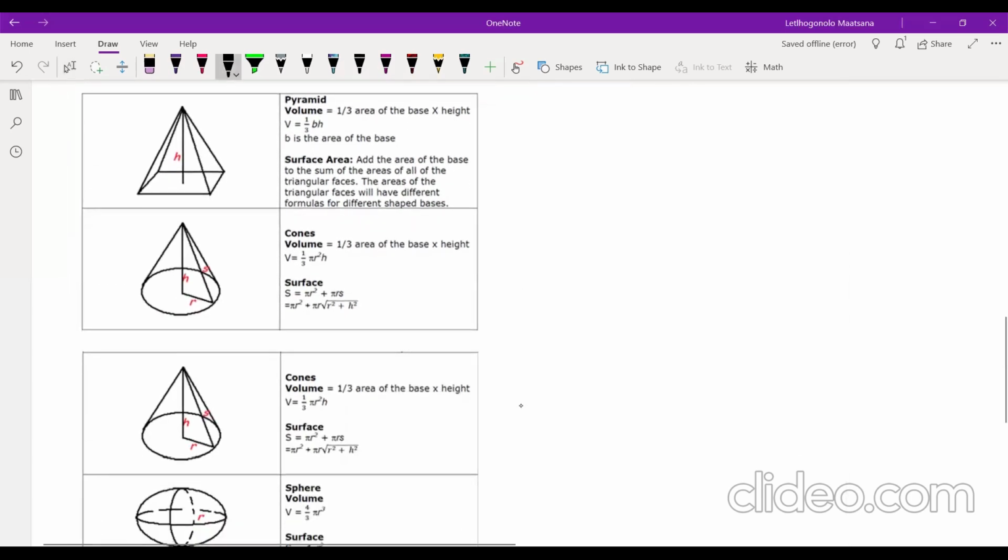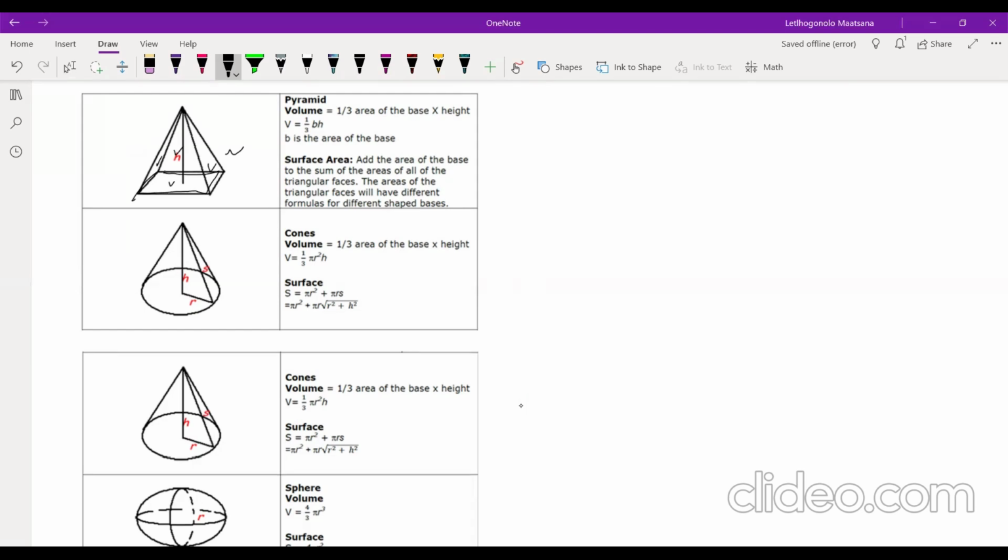For the pyramid here, we would have to calculate the surface of each and every area here and add it all together. In terms of our volume, it's always going to be base times height. This is our base. The base could be a triangle or rectangle.